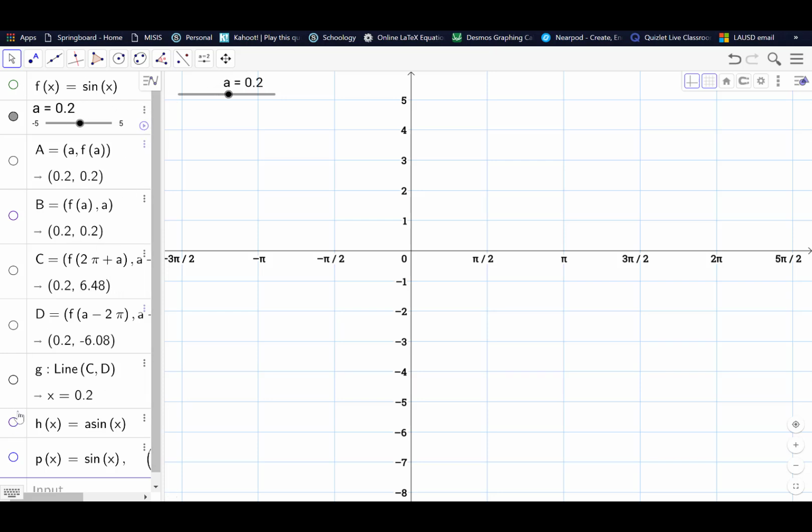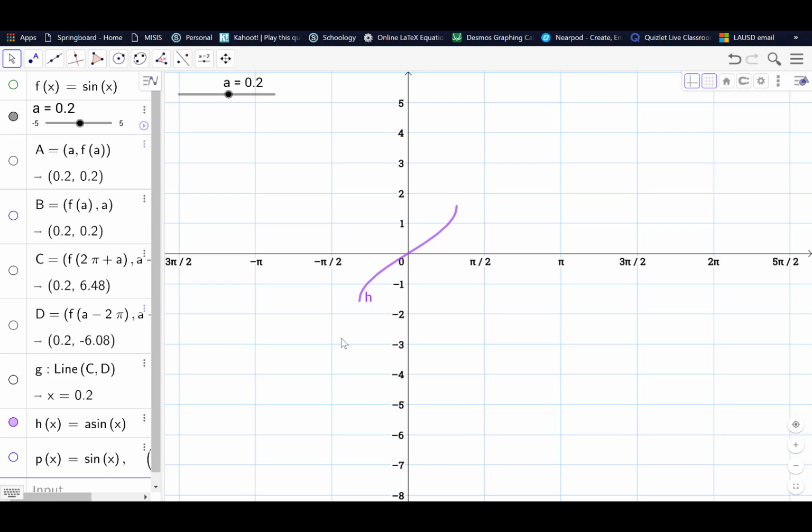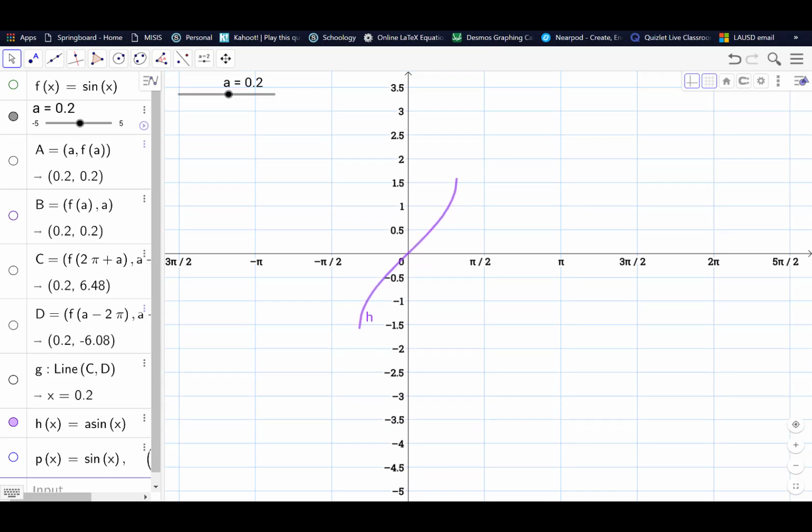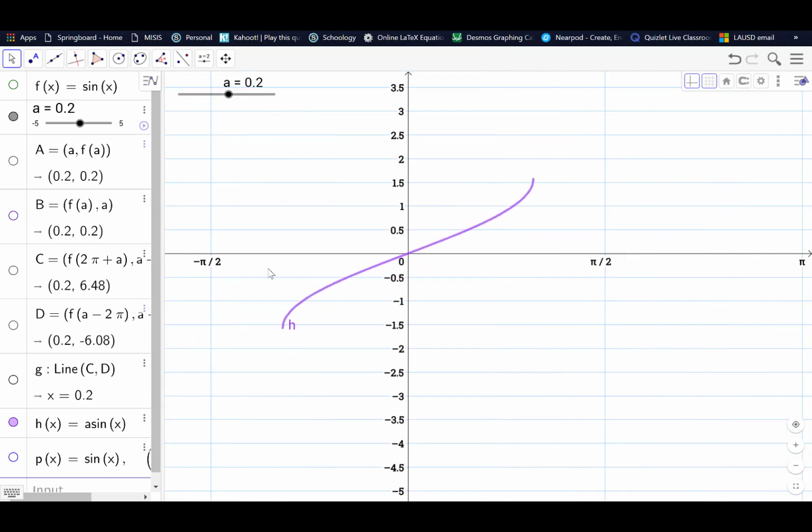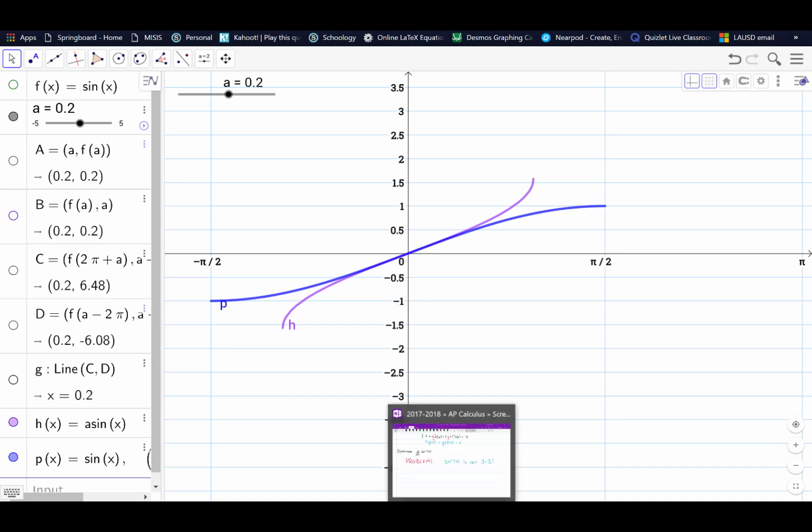If I restrict sine like this, I'm only using this little piece of sine from negative pi over 2 to pi over 2, right here, then in fact the inverse does exist. And this is the inverse. Here's the original sine function, and here is the inverse. So the inverse sine exists from negative pi over 2 to pi over 2, and that's something we should remember from pre-calc.